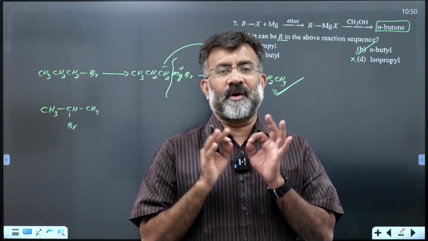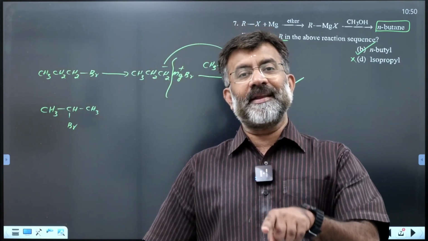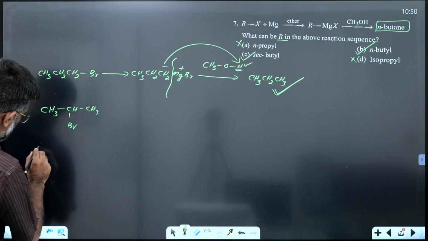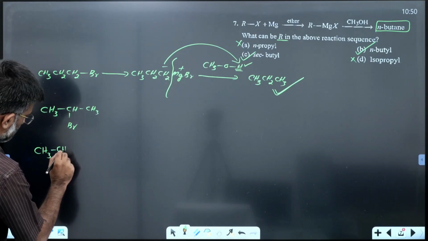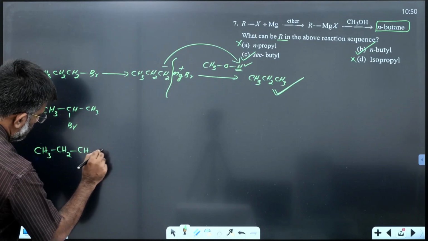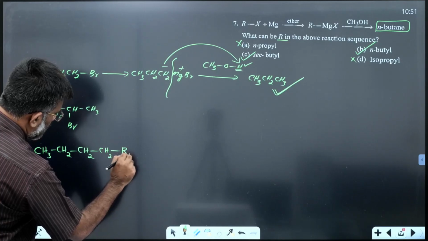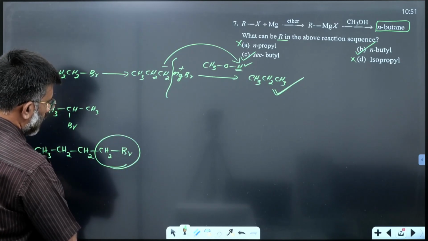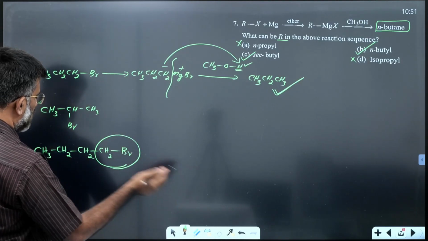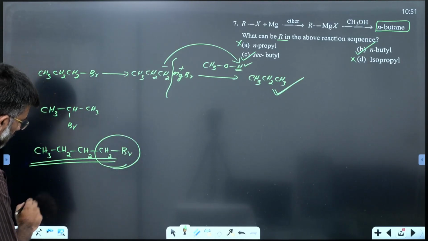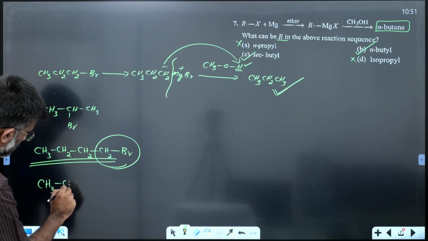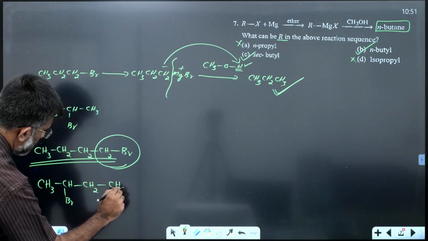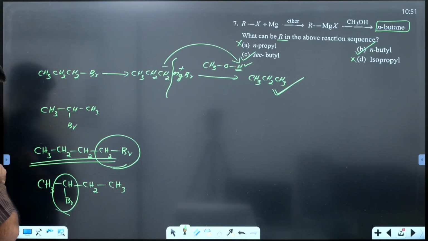Similarly, when you take normal butyl halide or secondary butyl halide, the result will be the same. Suppose we are taking normal butyl halide. This part will be converted to MgBr, and upon treating with H plus, you will get butane. Suppose you are dealing with secondary butyl bromide, CH3CHBrCH2CH3. This part will be the Grignard reagent.